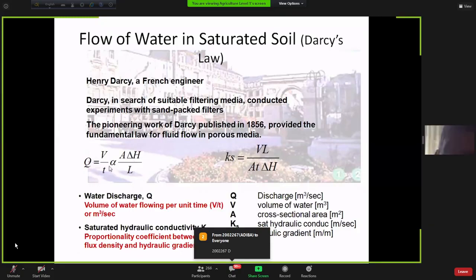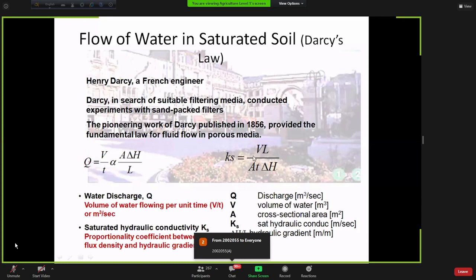First, we will remove this proportionality sign by putting a proportionality coefficient, which is Ks. This Ks is called saturated hydraulic conductivity. Sorry, K is the hydraulic conductivity, small k. S indicates saturated because we make the soil column saturated using more water. So we can say Ks equals VL divided by A t delta H. This is called Darcy's law.